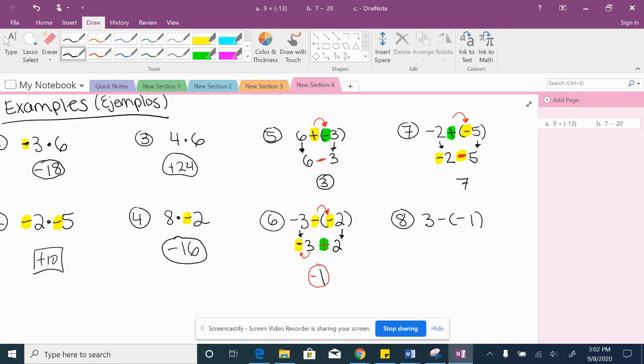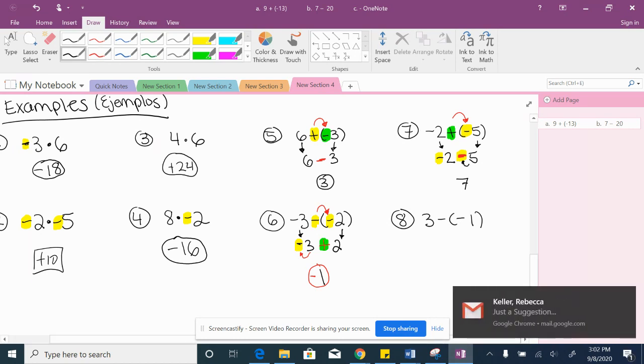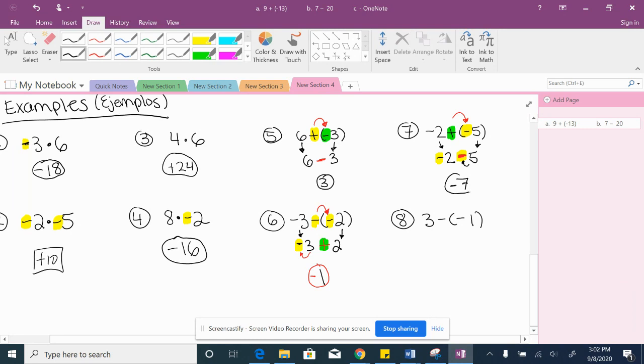Siempre mantén el signo del número más grande. 5 is bigger. 5 is negative. 5 es más grande y el signo antes del 5 es negativo. So the answer is negative. Entonces la respuesta es negativa.